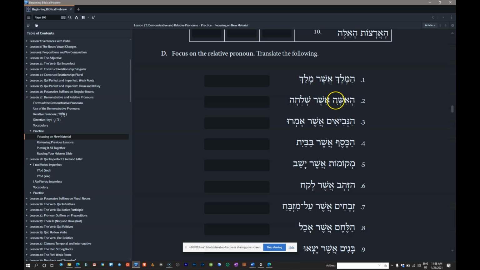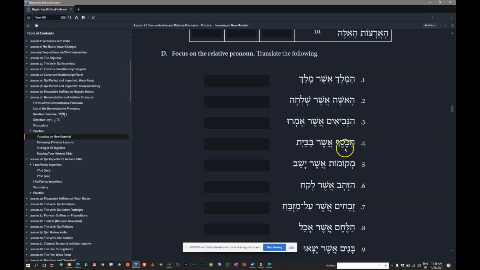So I would really expect this to be after. I would expect this to be shalach asher et. What would I expect here? Maybe that doesn't work. Maybe it would be different because of the structure. Either way, number 3 is pretty obvious. This would not be the prophets whom they spoke, because you don't speak a prophet. This is the prophets who spoke, or the prophets that spoke.